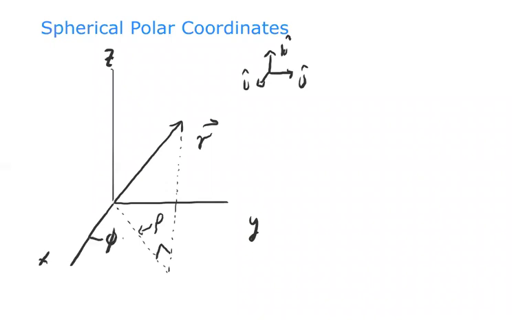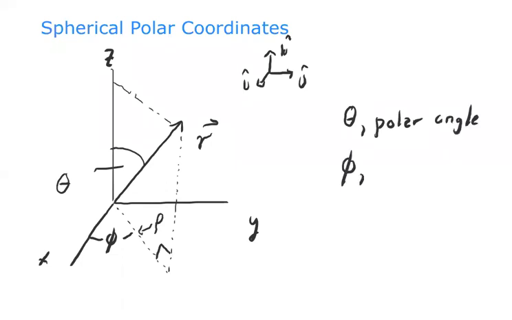This will be the angle phi. And I'm going to draw a line that's parallel to rho. And I will define a new angle, which I'll call theta. So theta has a name. It's called a polar angle.